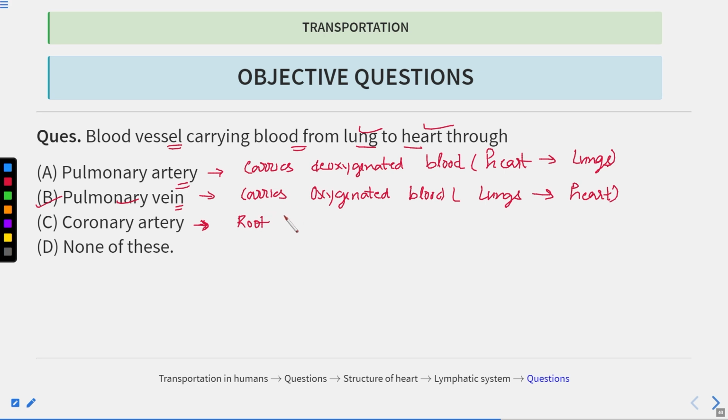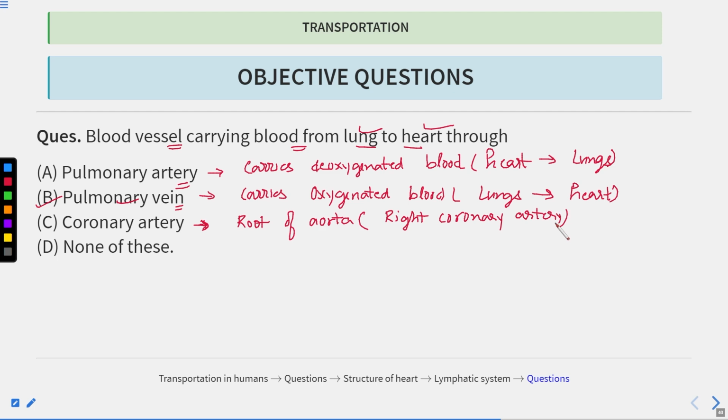Aorta is the largest artery present in the human, and it carries oxygenated blood. One is the right coronary artery, which provides blood to the right atrium and the right ventricle.